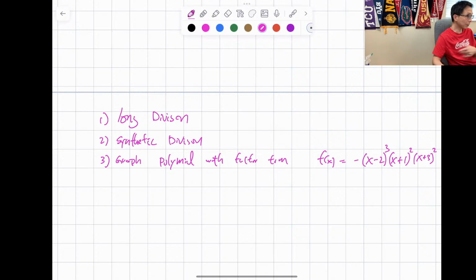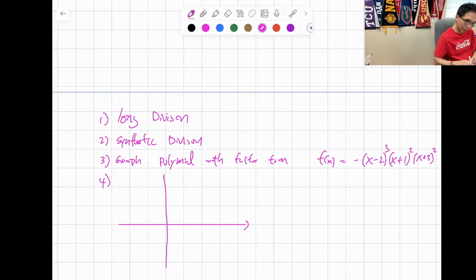Do you know how to graph this kind of function? I might give you a graph and ask you to tell me the function. Let's say I have this, and something like this. Now I'll ask you to find the function.